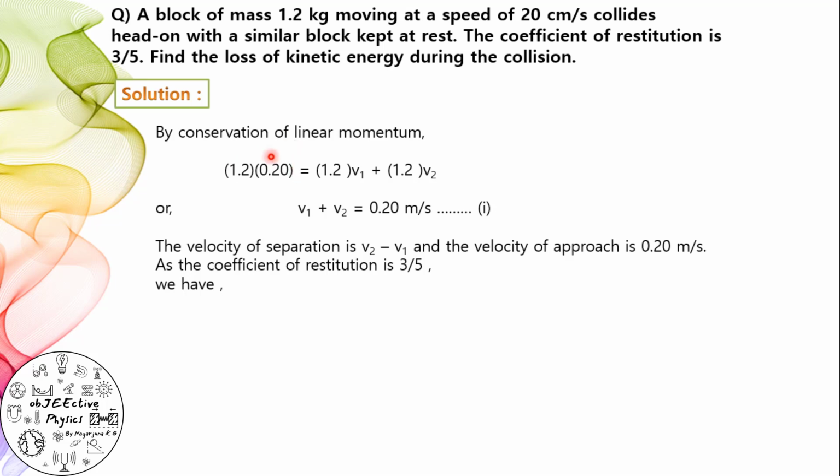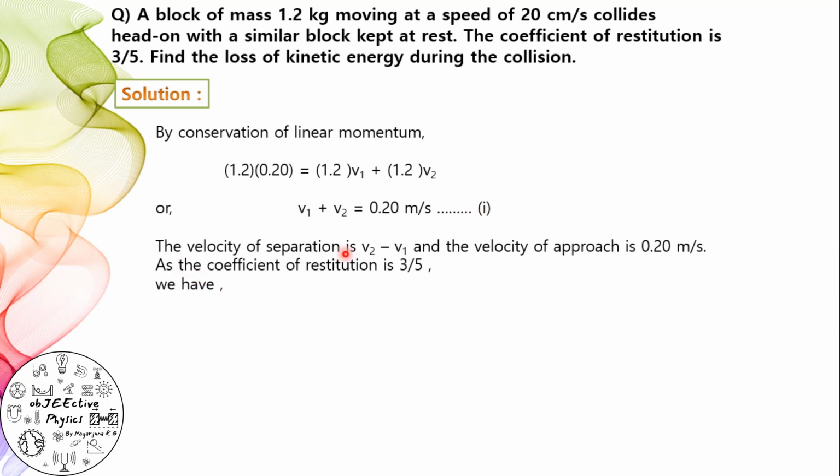So on the left side we will have only the momentum of the first body, that is equal to, after collision, 1.2 into V1 plus 1.2 into V2, where V1 is the velocity of the first particle after collision and V2 is the velocity of the second particle after collision. By simplifying here, we will get V1 plus V2 is equal to 0.2 meter per second. Let us assume that it is equation 1.